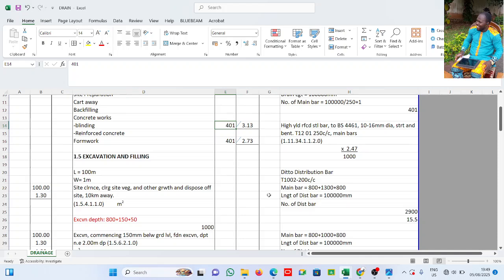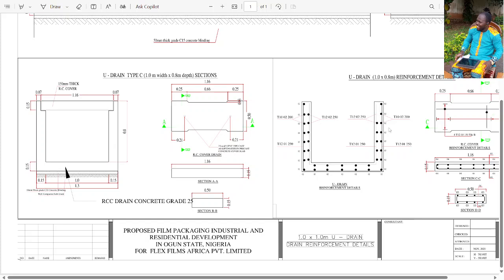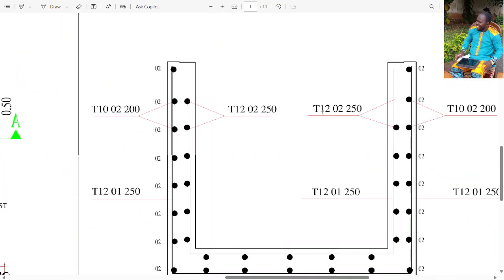Now we want to discuss distribution bar. The drawing says distribution bar is T10. Actually, this description, let me correct it. This drawing says that it is 250. Let me zoom in. Right, T12.